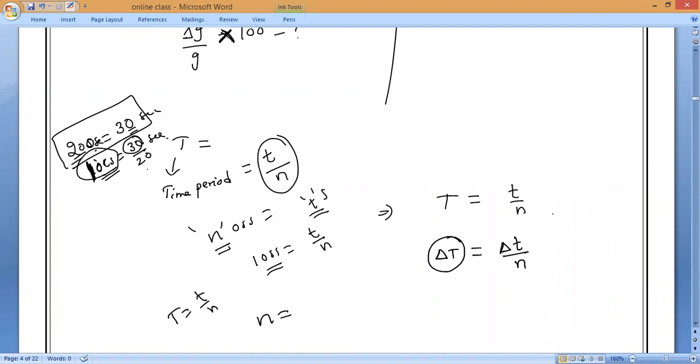I have only delta T, but I want delta T by T. So both sides we can do something so that the equation remains the same. Anybody?